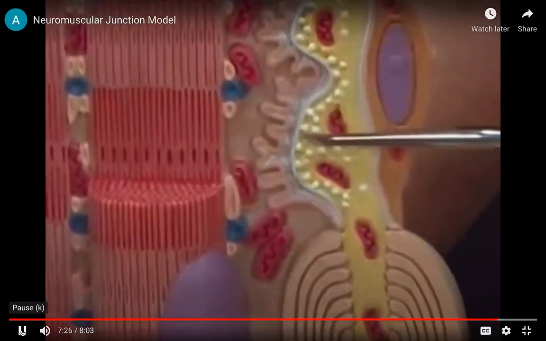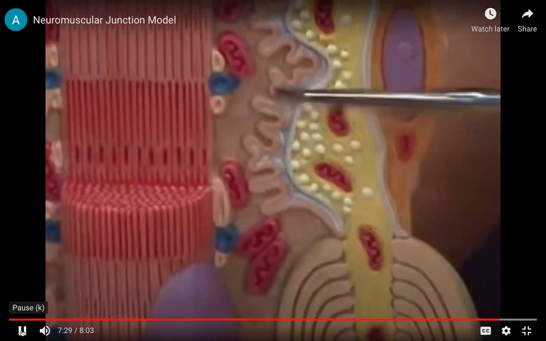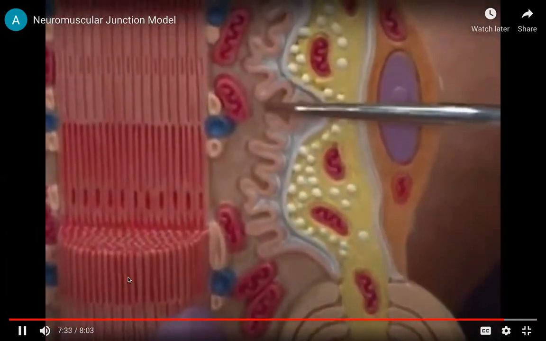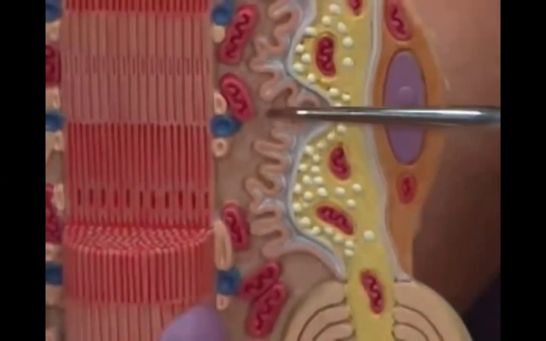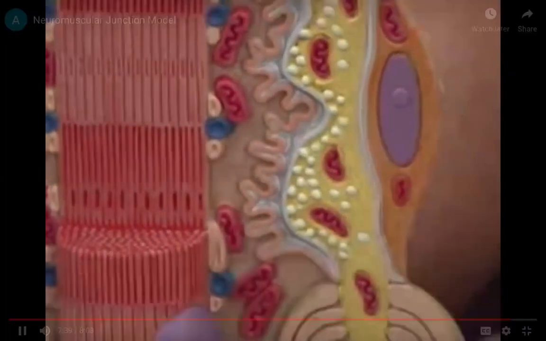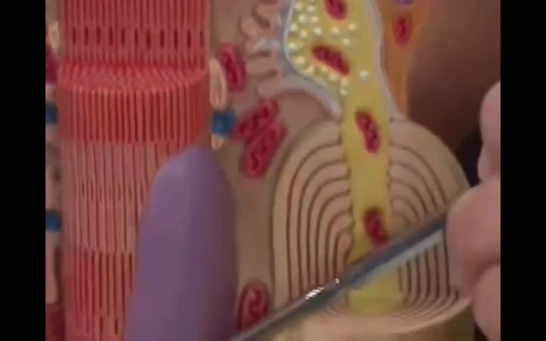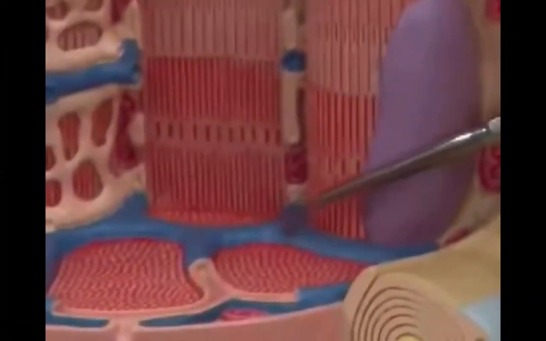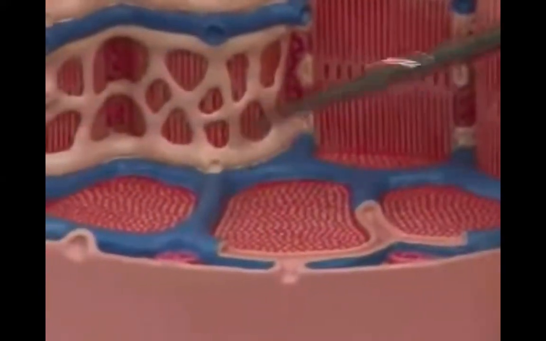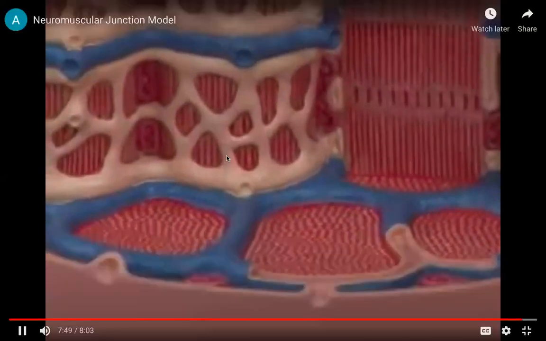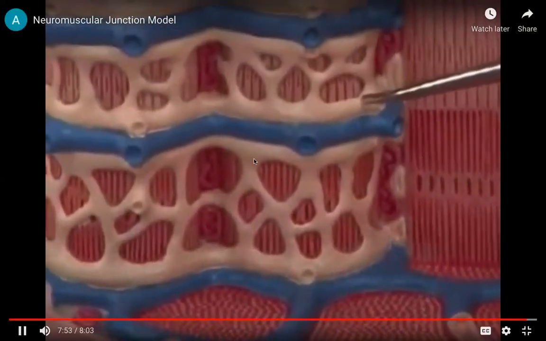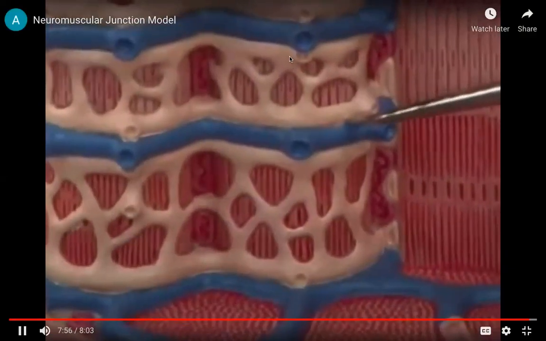The neurotransmitter binds to its receptor on the motor end plate, and this opens up the sodium channels. The wave of depolarization caused by the sodium channels enters into the sarcoplasm, down the T tubules, making its way to the sarcoplasmic reticulum. When that happens, calcium is released and the muscle begins its contraction phase.